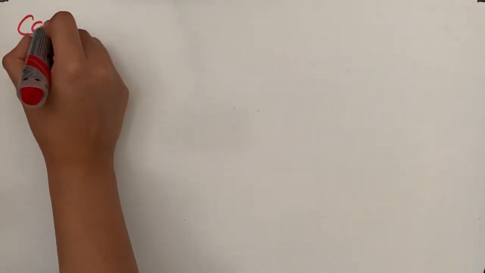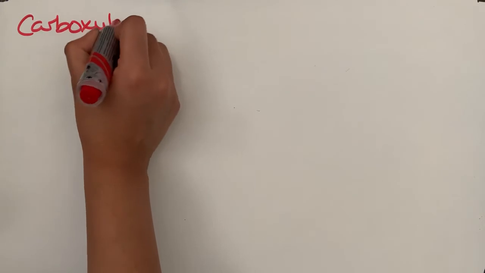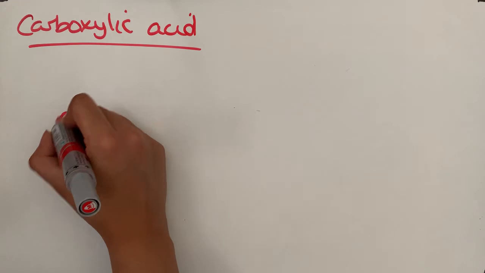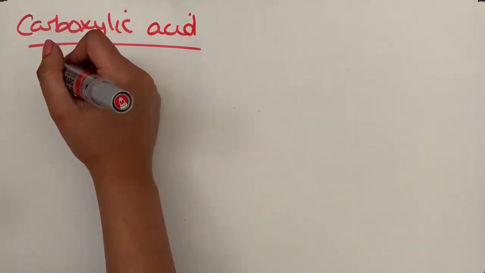Let's now have a look at the reactions of the carboxylic acid. So carboxylic acid can therefore, if it's acidic, react with an alkali, or a base. So let's have a look at the reaction that it undergoes.